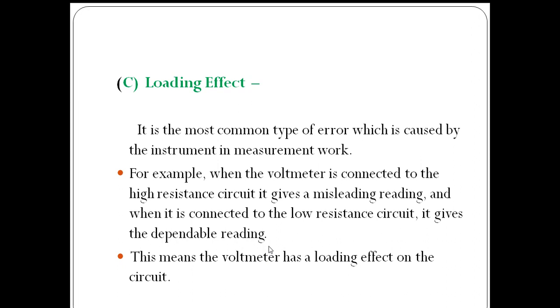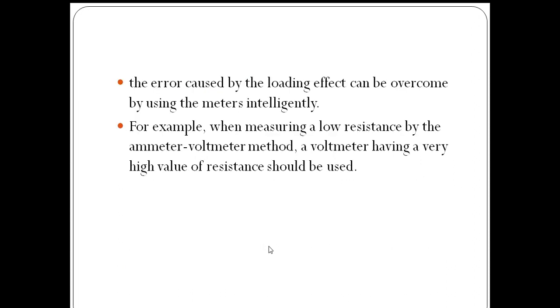This means the voltmeter has a loading effect on the circuit. Whenever we are measuring, the meters will cause some loading effect on the existing circuit and it may cause some error. The error caused by the loading effect can be overcome by using meters in a proper manner.